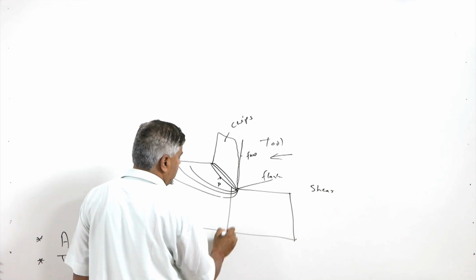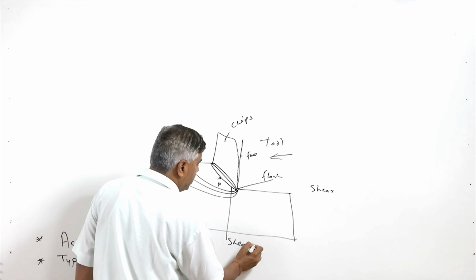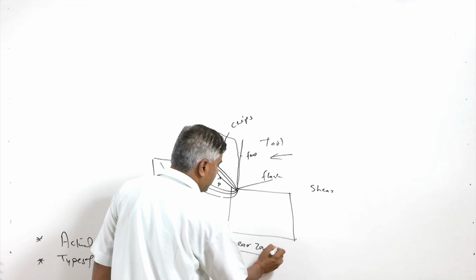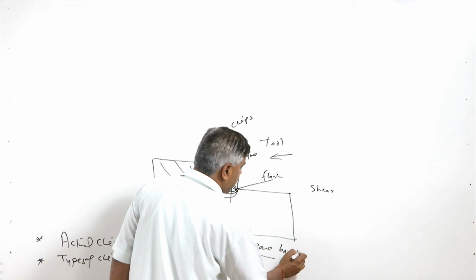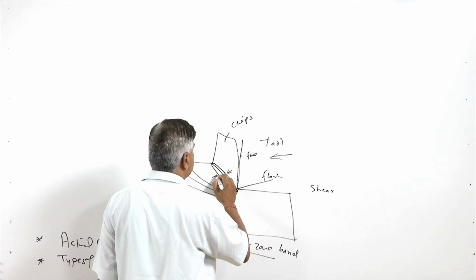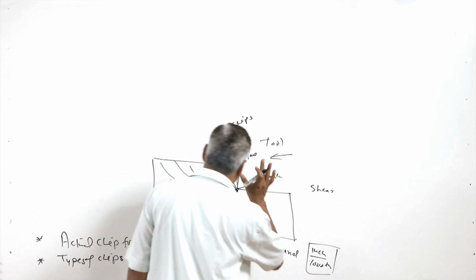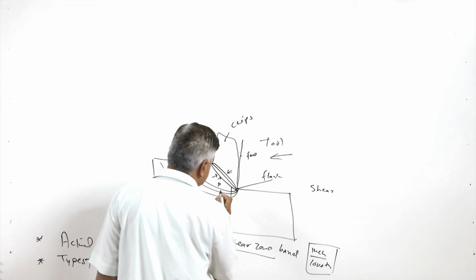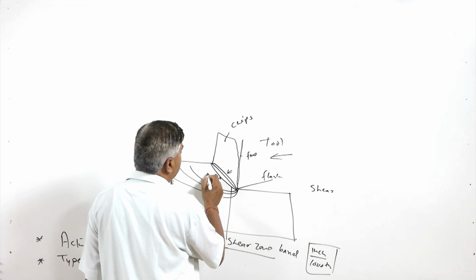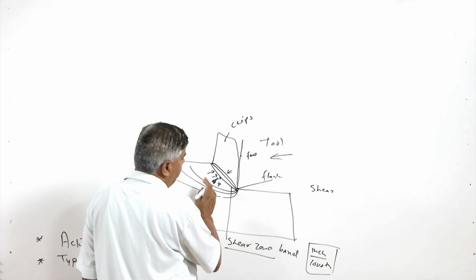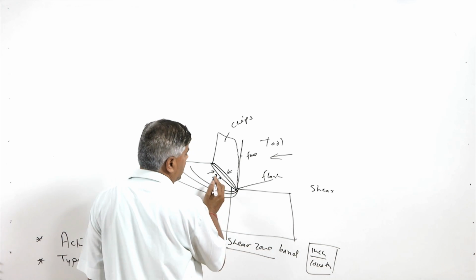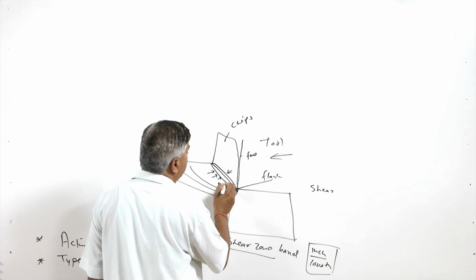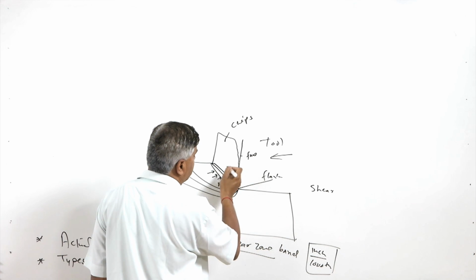So basically the shear zone is a kind of band of a thickness of micrometers. You see it is very small in size, but still the shear deformation starts over a certain boundary line and then it ends after a certain line.